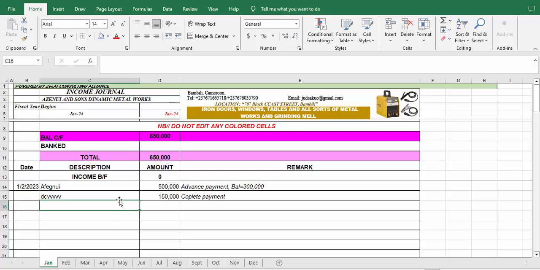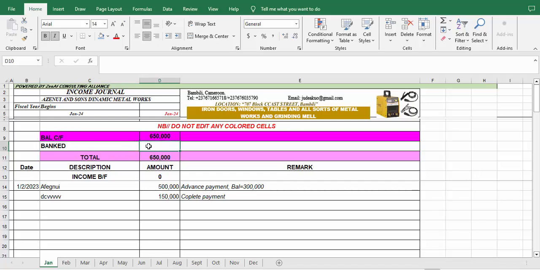out of this total money that's coming in, how much have you spent? Where do you get the statistic or the data for the amount that you have spent? You get it in the expenditure journal, the next journal that we are going to look at. So you come under this section for banks.